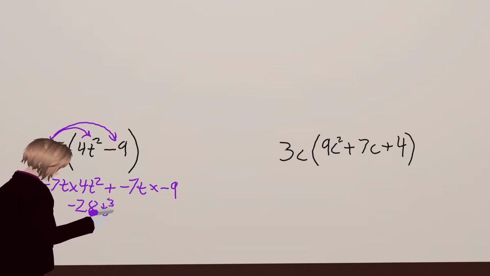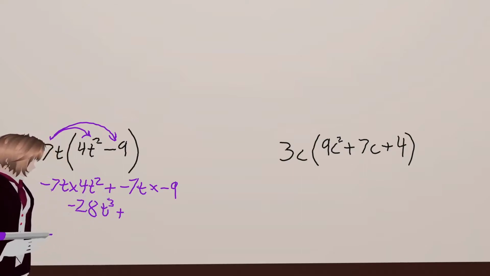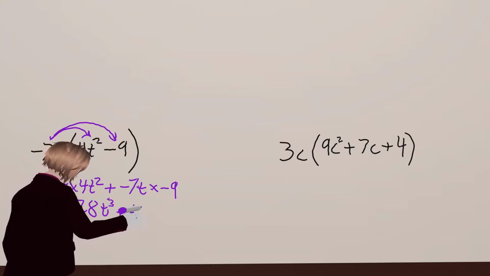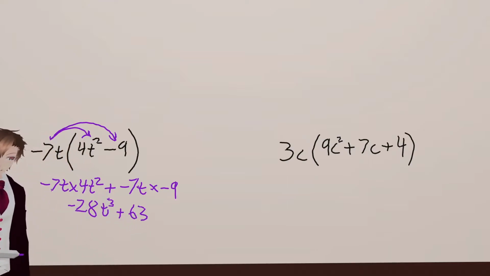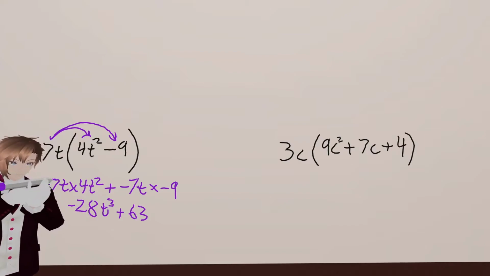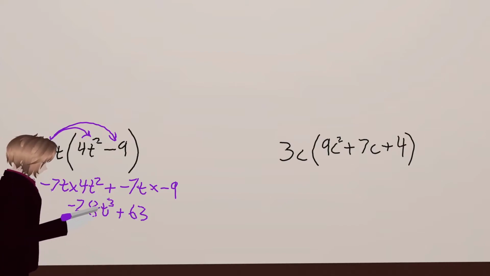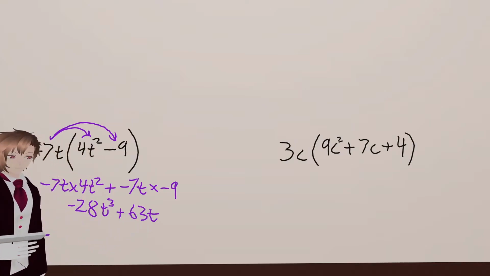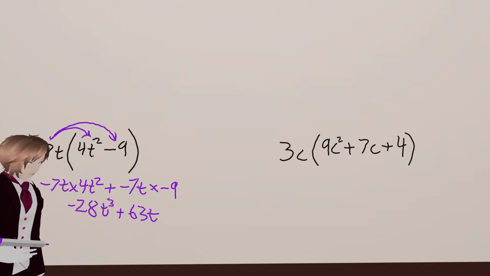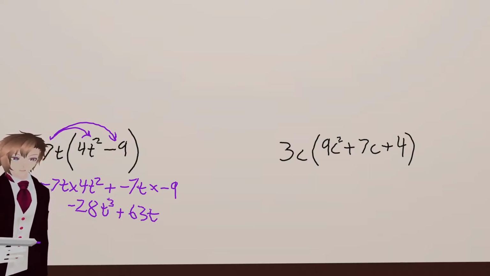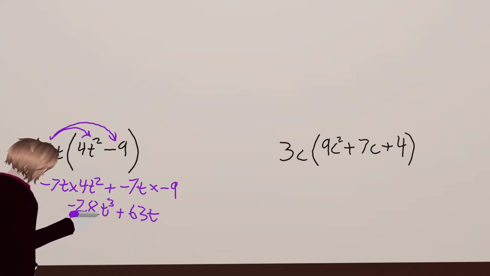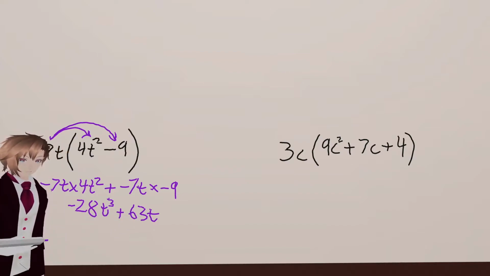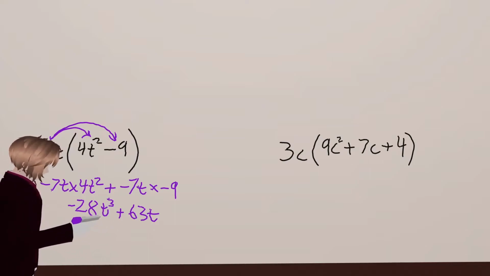And lastly, we have negative 7 times negative 9, which is 63, because we have two negatives, and two negatives make a positive. And we also have t. Next thing we need to do is check, do we have any like terms that we can add together? Here we have a t to the power of 3, and here we have a t to the power of 1. These are not like terms, so we can't add them together.